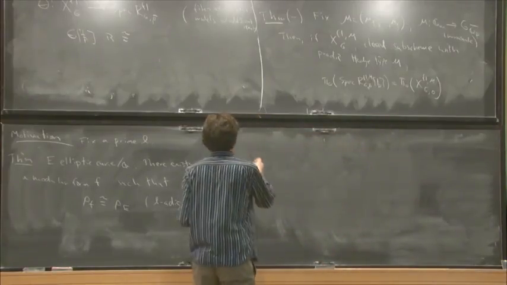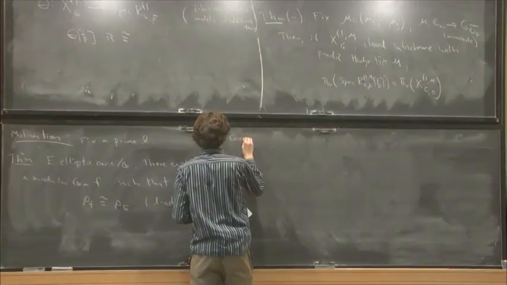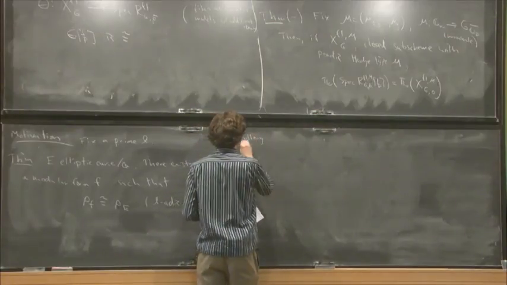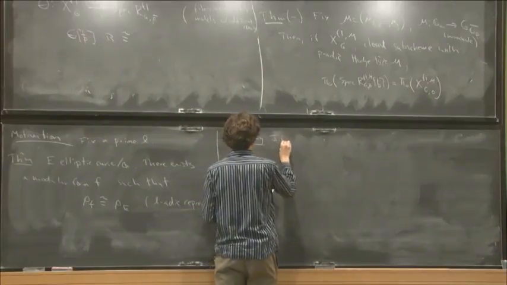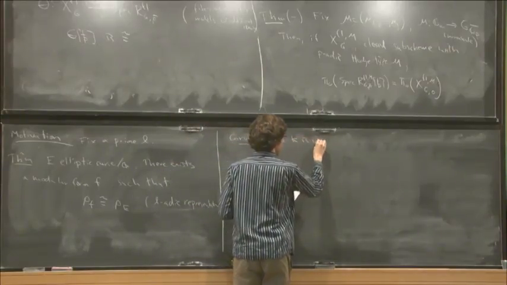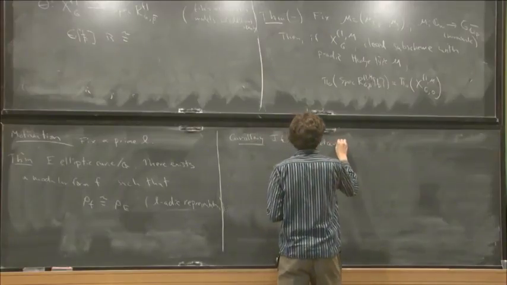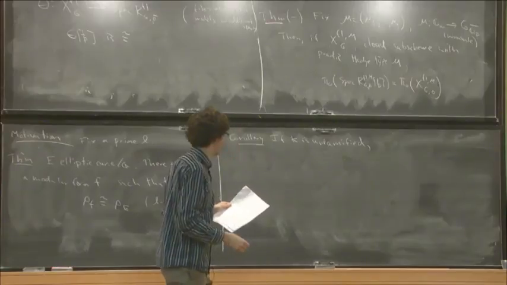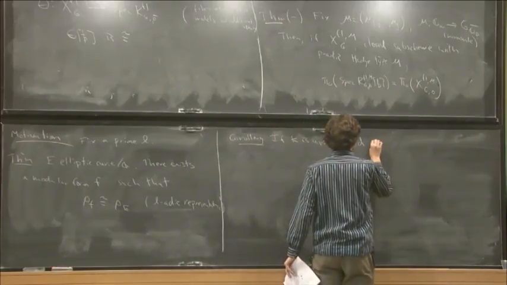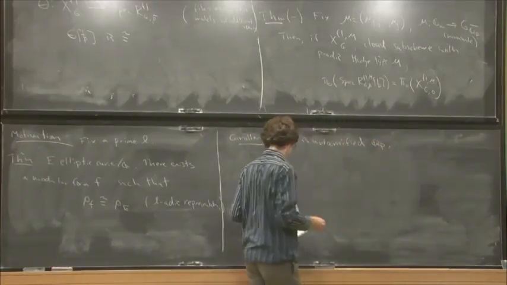I did want to say, as an interesting corollary, that if K is unramified over Q_p, then, in the GL_n case, it's known that the flat deformation ring is formally smooth.